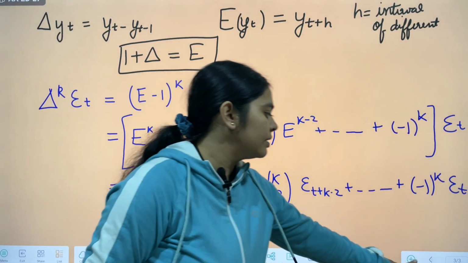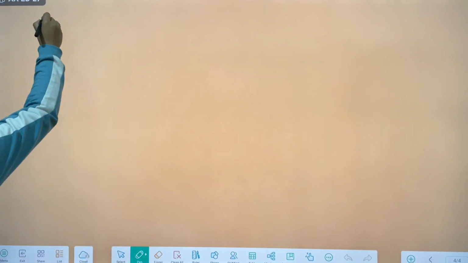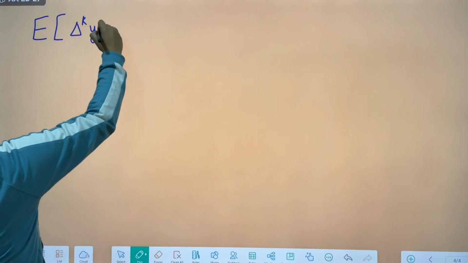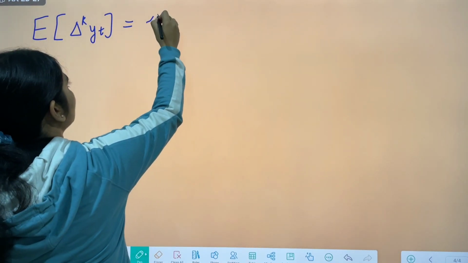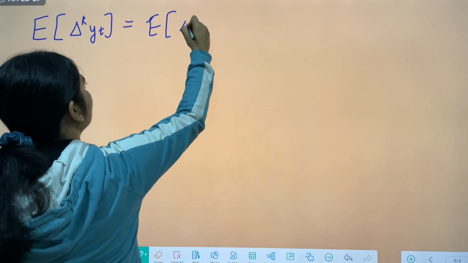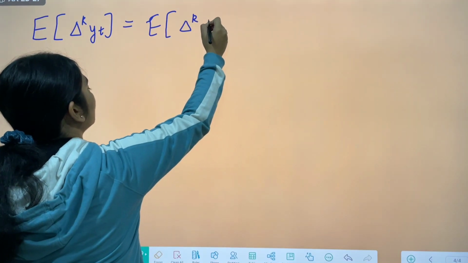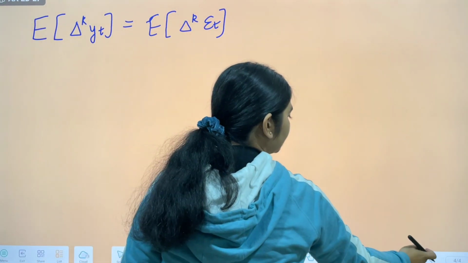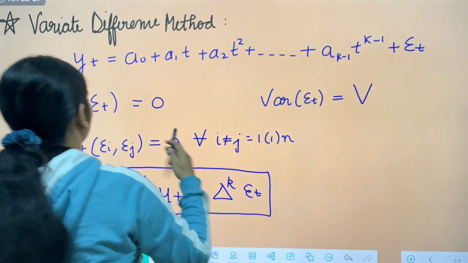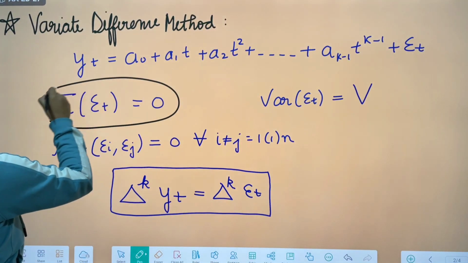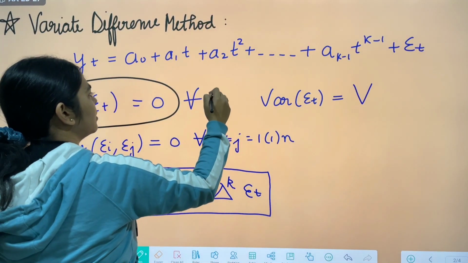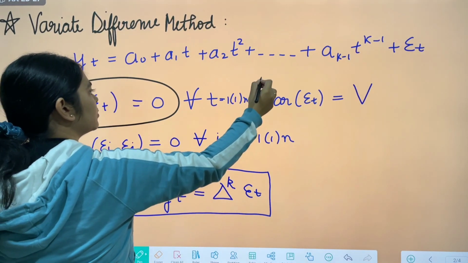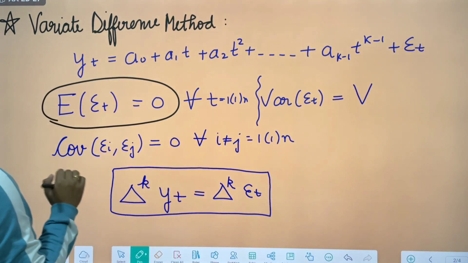Now if we take the expectation, expectation of delta k yt is equal to expectation of delta k epsilon t. We assumed that the expectation of epsilon t for all t from 1 to n is 0.